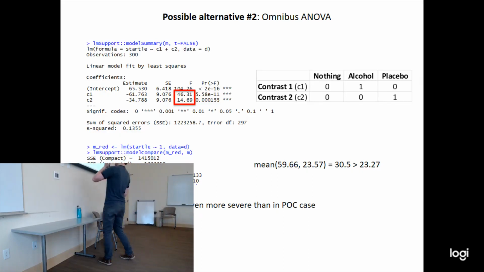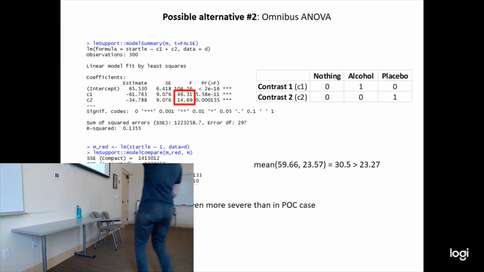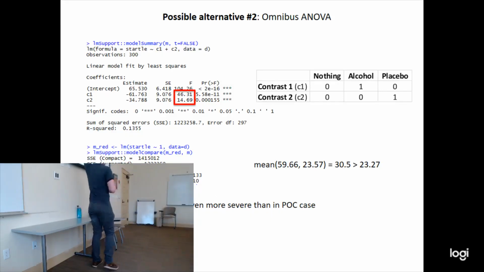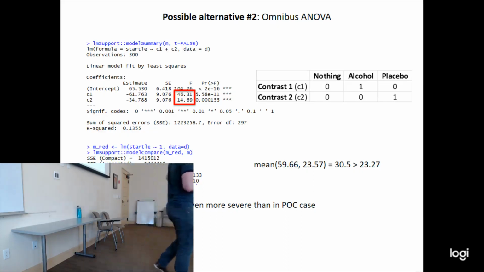That also means this might be a case where we actually want to control our probability of making at least one error. So we might be interested in this adjusted F value, because that adjustment might prevent us from saying that there's a mean difference where there isn't one.